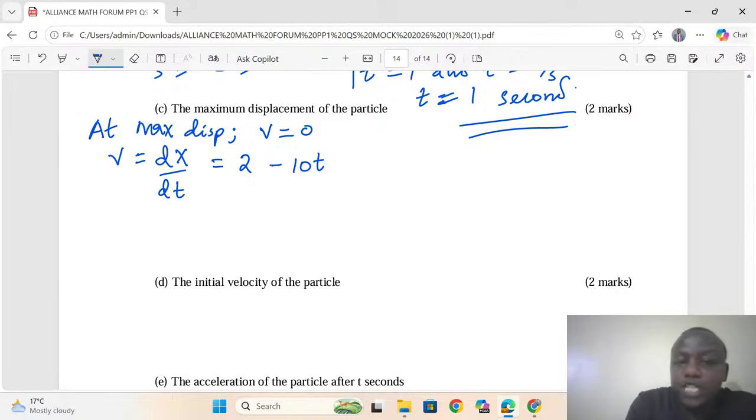So maximum displacement means when velocity is 0. At what time is velocity 0? We equate to 0 so that we may get the value of time.